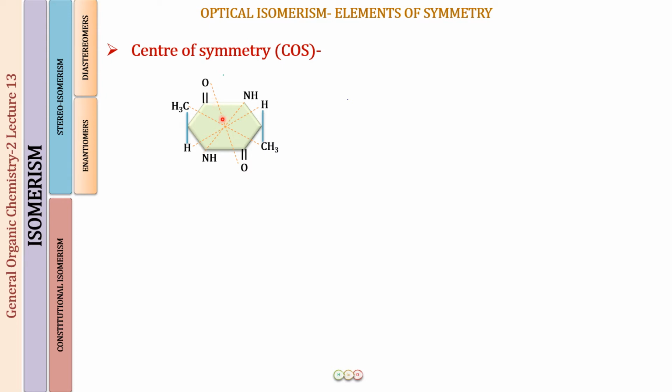So this oxygen and this oxygen, they will be equidistant from the center, and this is going to be in the plane of the ring.